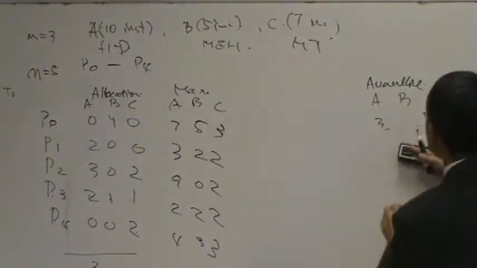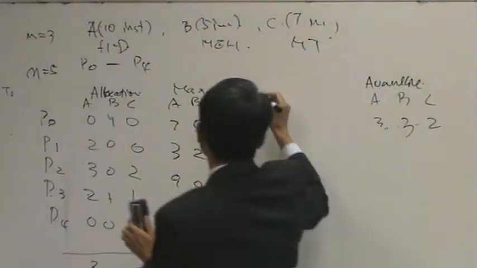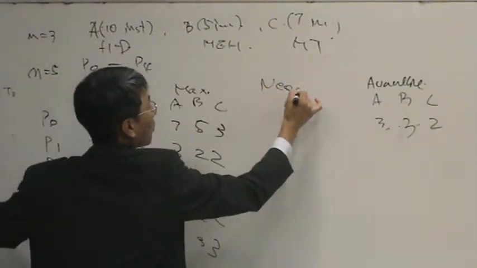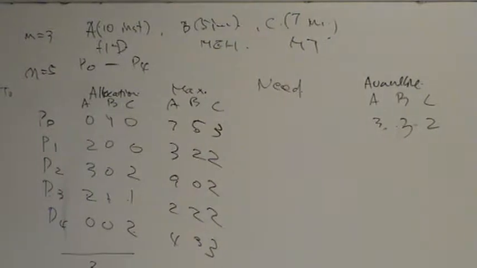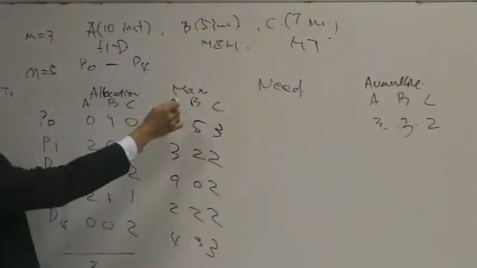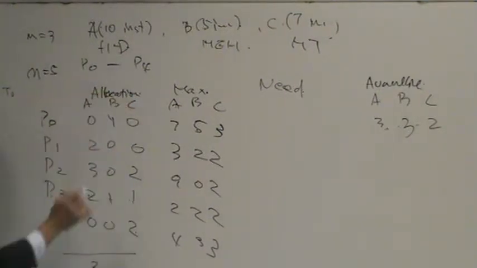For each process to be completed, how many more resources are needed? That is the Need matrix, which is Maximum minus Allocation.